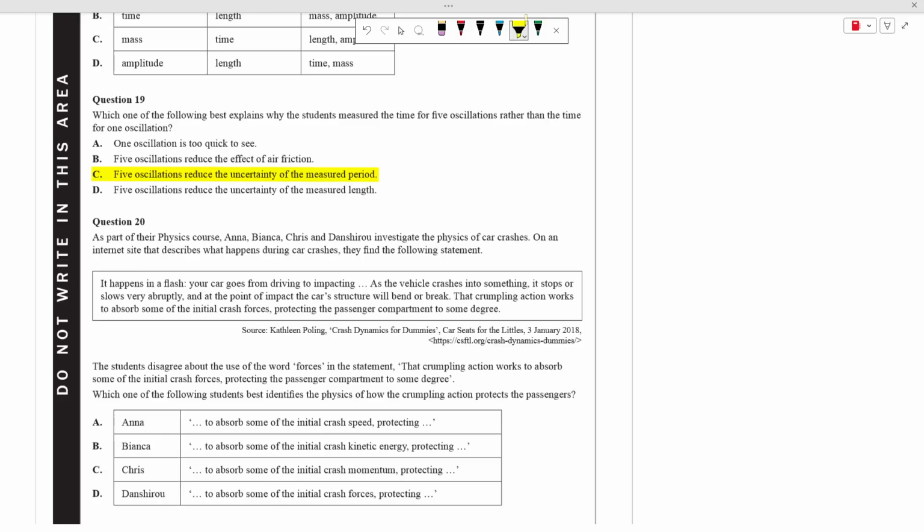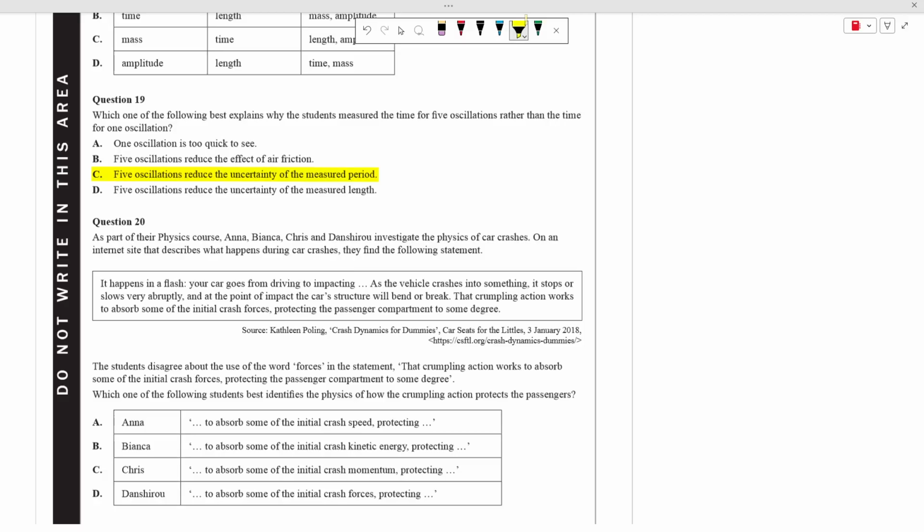If your period is 5 seconds long, and your reaction time is 1 second, then your uncertainty is like 4.5 to 5.5.